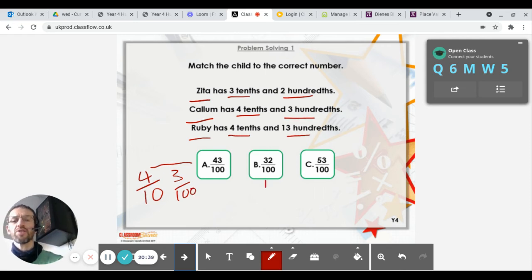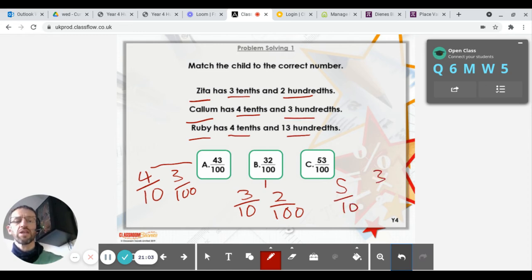This one will have 3/10 and 2/100ths. And finally, we've got 5/10 and 3/100ths. So we can say that Zeta is going to be B.